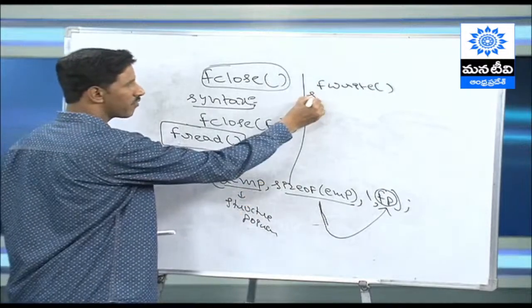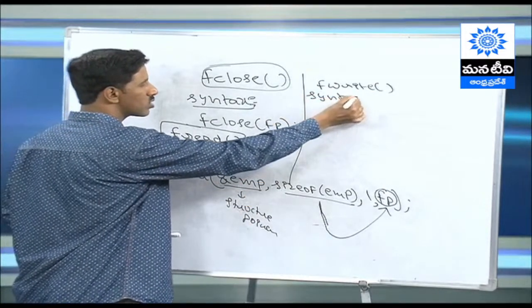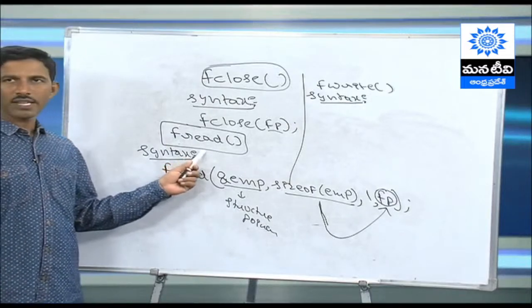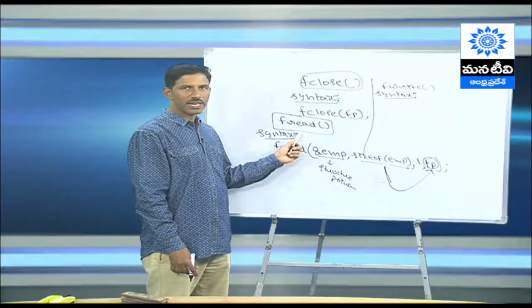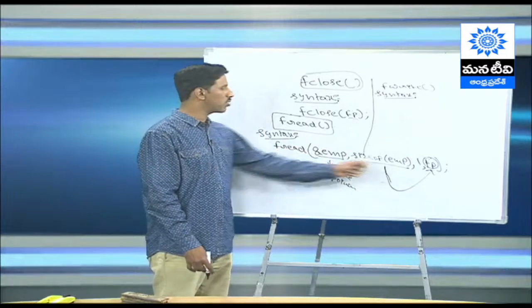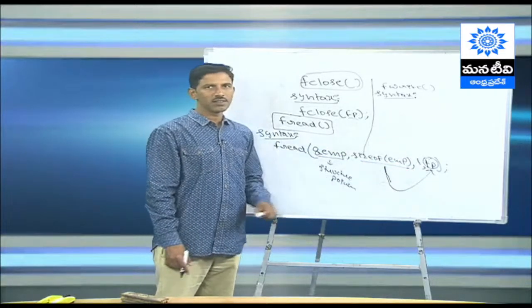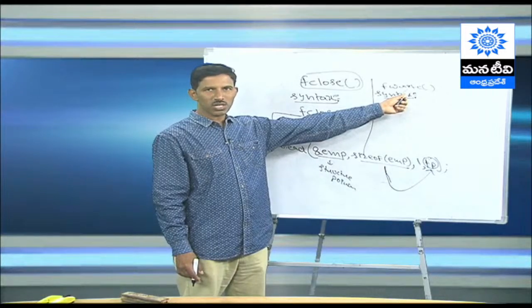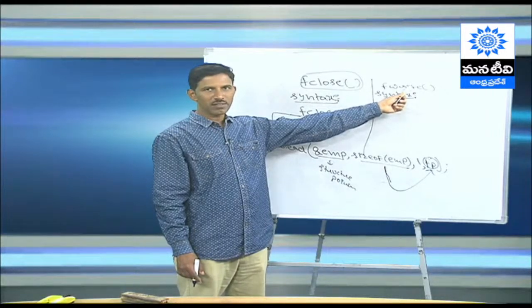What is meant by the fwrite function? File write. Previously fread was called file read: you want to read the structure data from the file. What is meant by the fwrite function? You want to write the structure data into the file.